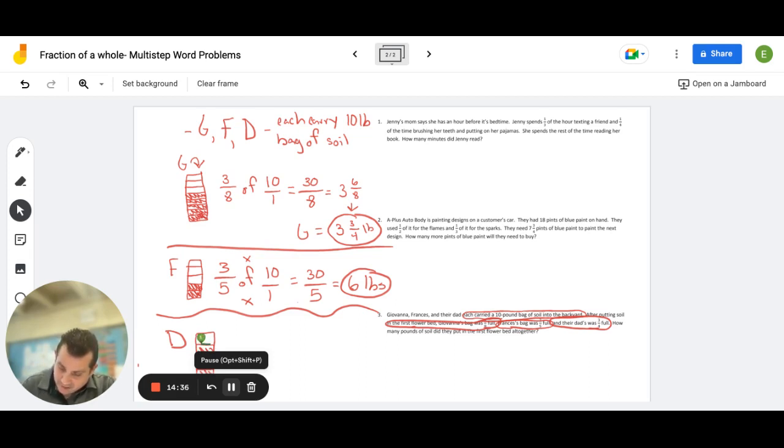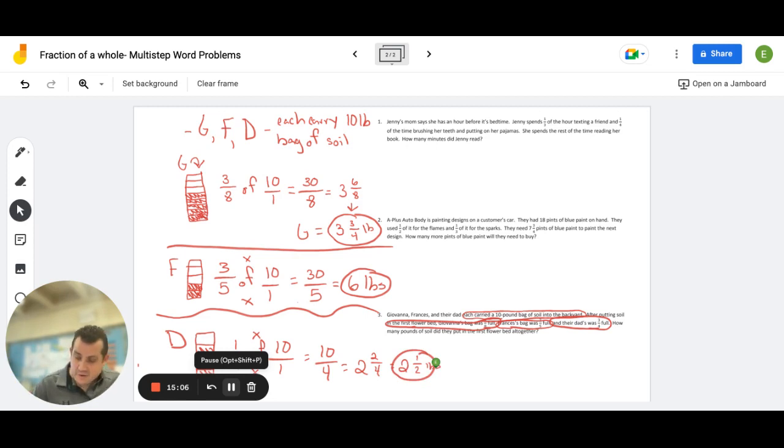So I could show here 1/4 of 10, which I'm going to put over 1, multiply it, equals 10 over 4, which equals, 4 goes into 10 2 times, 2 left over. Put that over my denominator. 2 2/4, which we know is equal to 2 1/2.